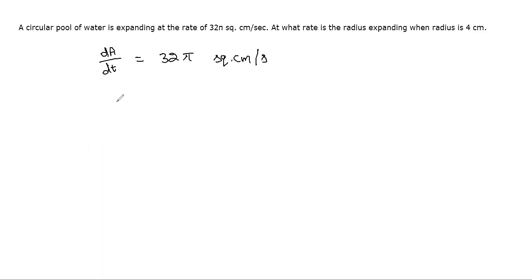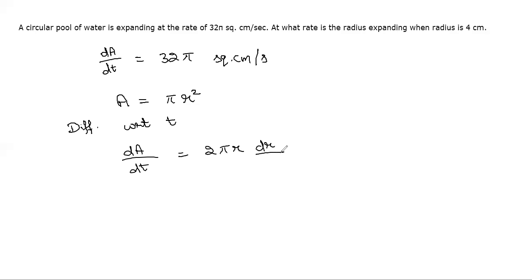First of all, let's establish a relationship between the area and the radius, which is obviously A equals pi r square. If we differentiate both sides with respect to t, we will get dA by dt equals 2 pi r dr by dt, which is the application of chain rule.